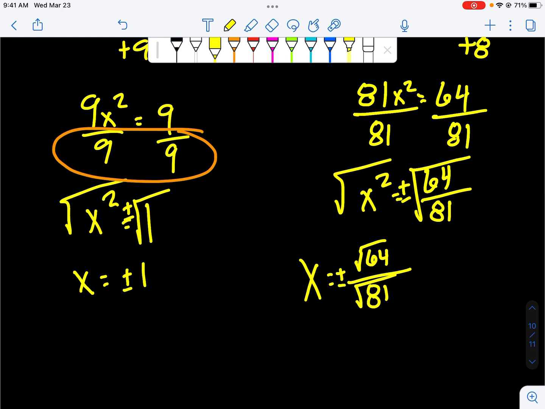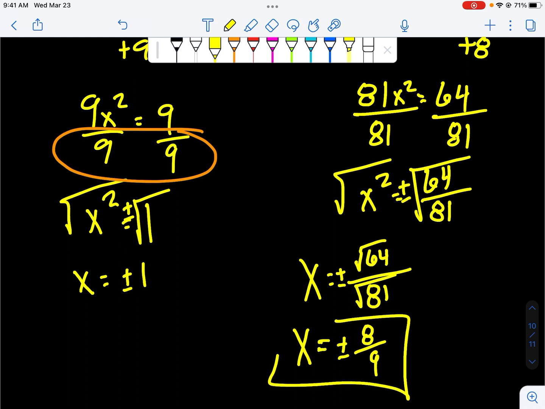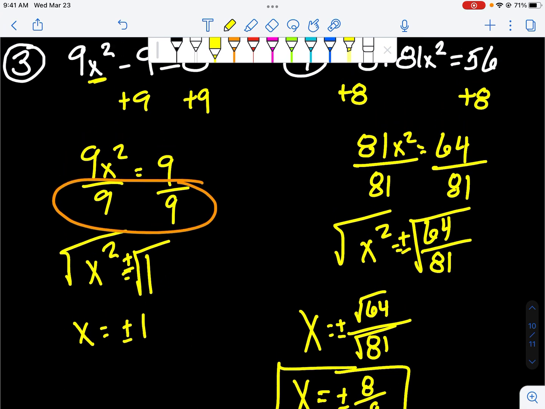Now 64 and 81 are perfect squares, so we can continue to simplify. We would have plus or minus, the square root of 64 is 8, the square root of 81 is 9. So our answer would be positive 8/9 and negative 8/9. So if they have a fraction, that's how I would like you to handle it.